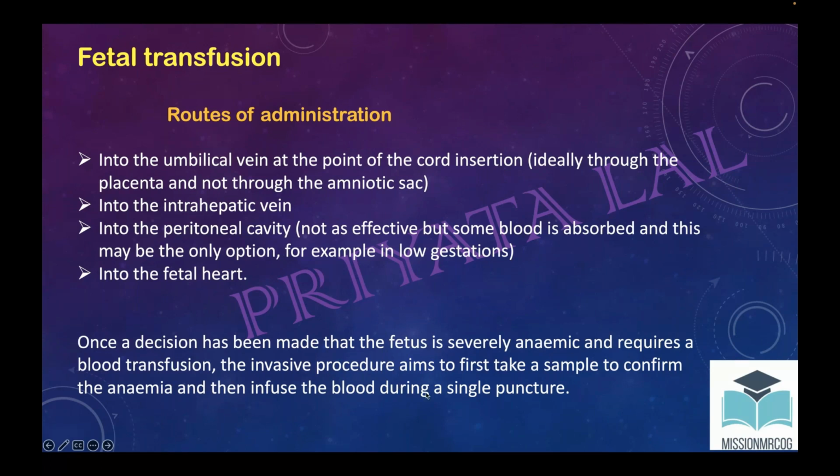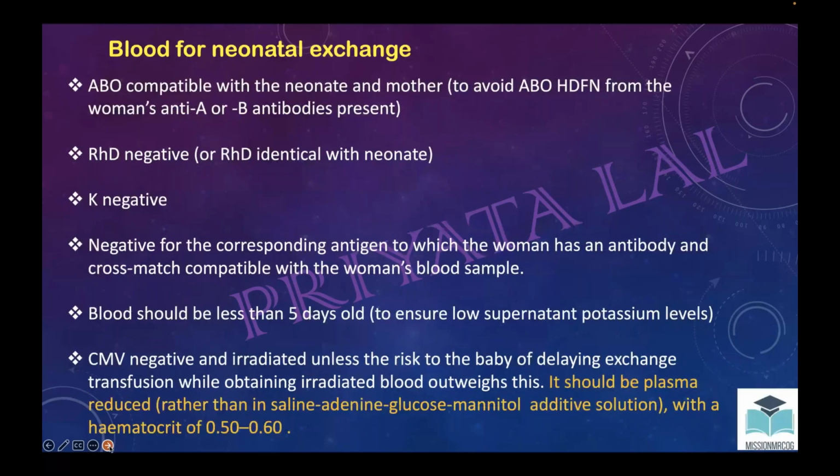Now intrauterine transfusion is done, the baby has come out, the delivery is there. After that, if the neonate has anemia and we have to give blood, then these are the requirements according to the guidelines. It should be ABO compatible with mother and baby both.